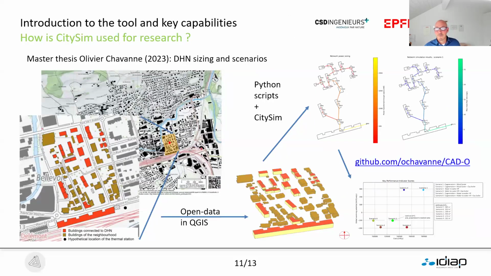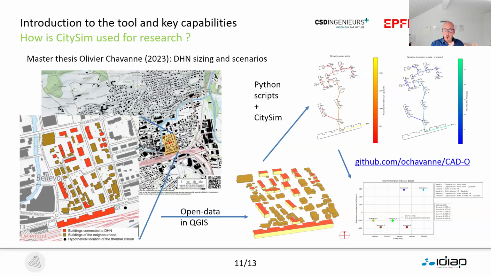Another example of using CitySim, but this time with Python scripts. So we have the master thesis of Olivier Chavannes. He was interested to work with the company CSD on sizing district heating and making different scenarios of energy provision for the district heating network.